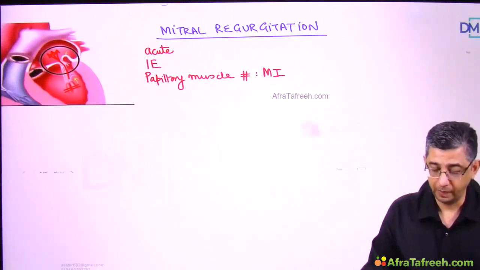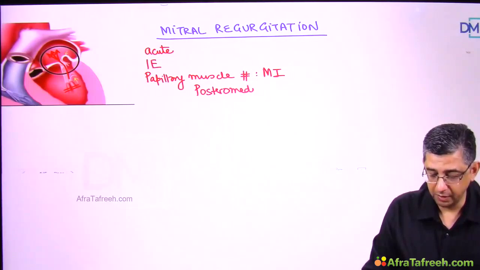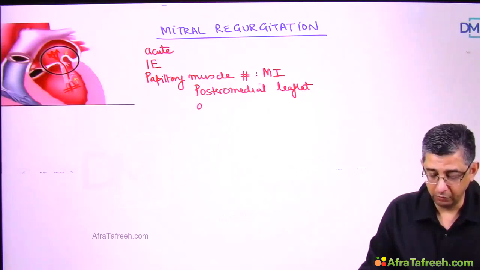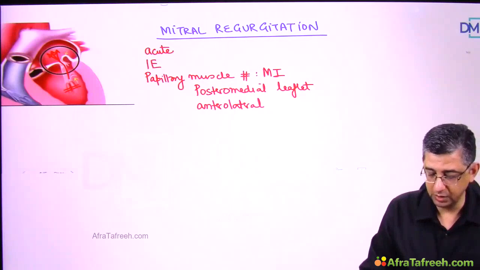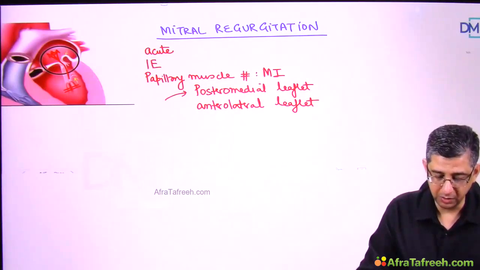On a comparison scale, I want you to remember that posteromedial papillary muscle involvement is more common as compared to anterolateral involvement. This difference is mainly because of the blood supply to these areas. The posteromedial muscle mainly has a single supply.